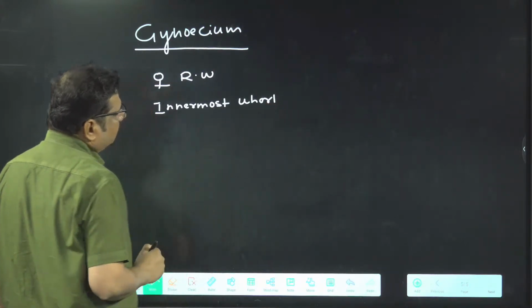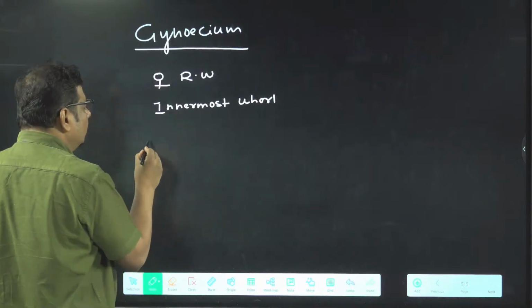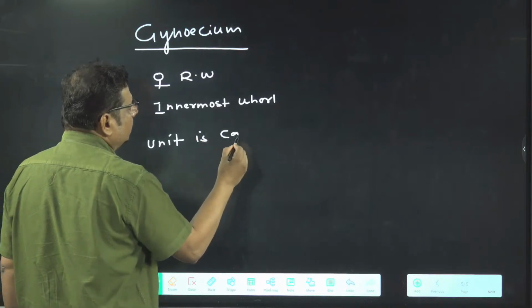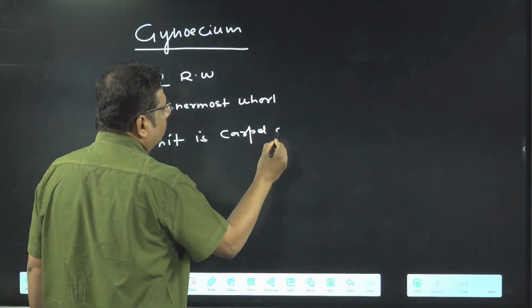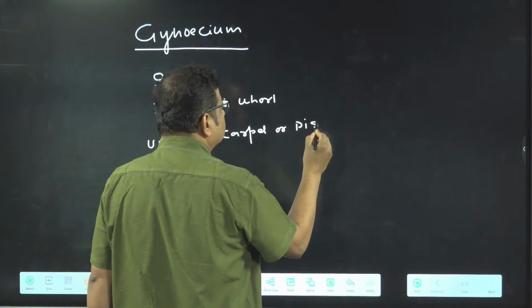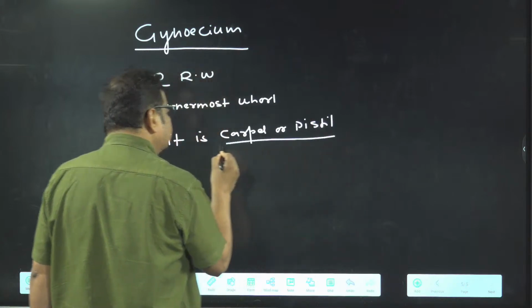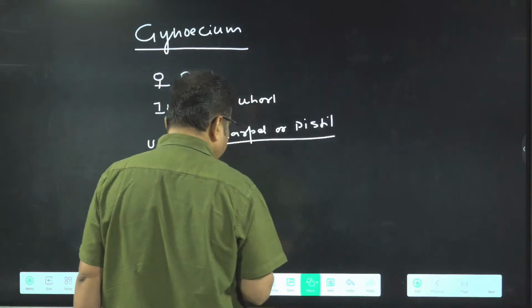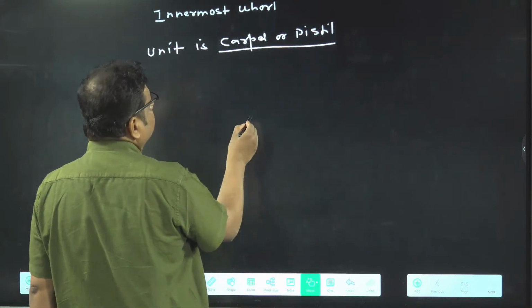Getting the things or not? And its unit is the carpel or pistil.